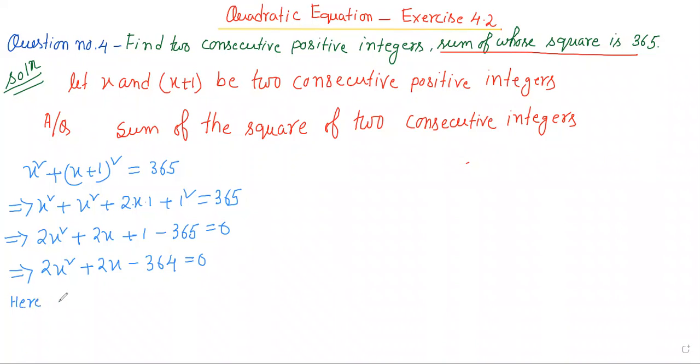Here you can see we will use the formula. A is equal to 2, B is also 2, and C is equal to minus 364.